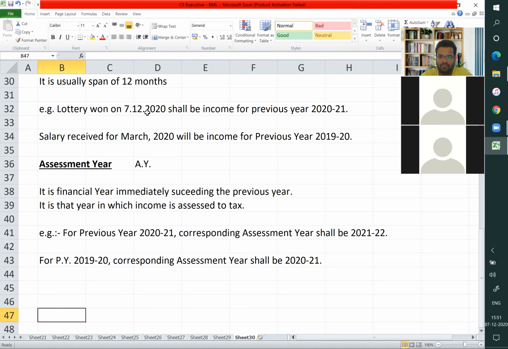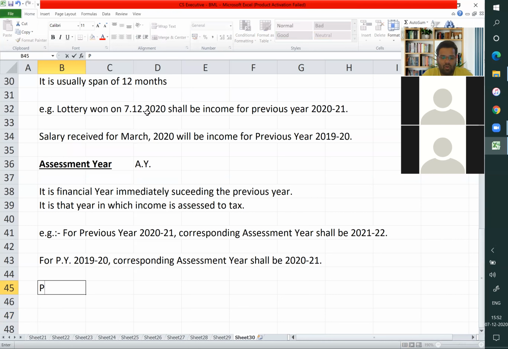So for that, exactly how much was the income and how much tax is payable will be determined in the next year, that is 21-22. But for 21-22 PY, AY will be 22-23. Correct?